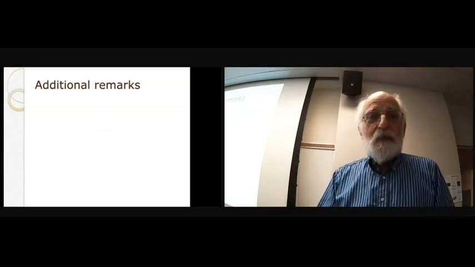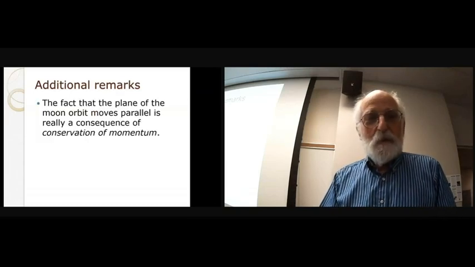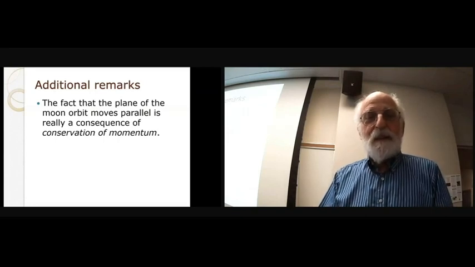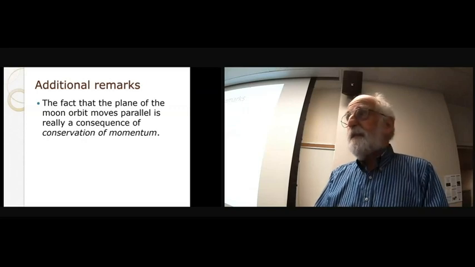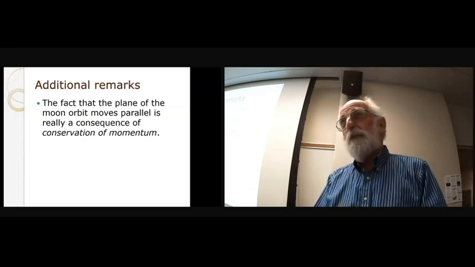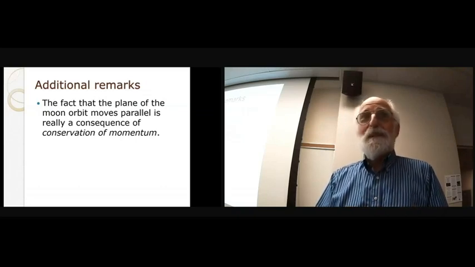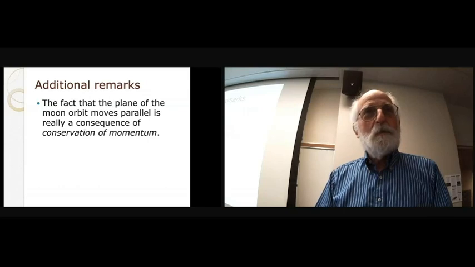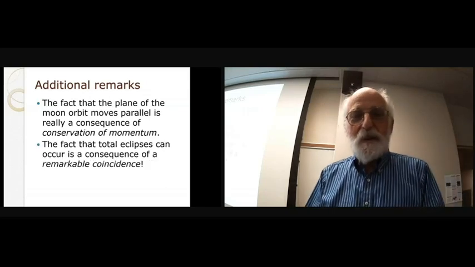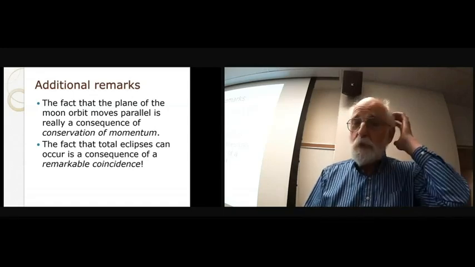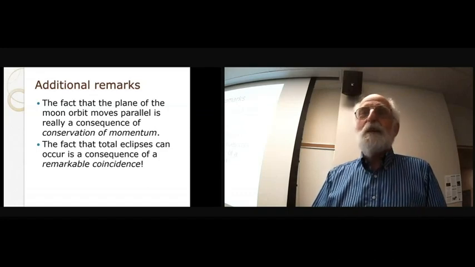I just want to finish with a couple of interesting remarks. As I've said, the fact that this plane moves parallel is a consequence of a law of physics, which, by the way, you can also think of as a law of mathematics, depending on your view of physics, is mathematics: conservation of momentum. But the fact that total eclipses occur, total as opposed to partial eclipses, is a consequence of a remarkable coincidence.